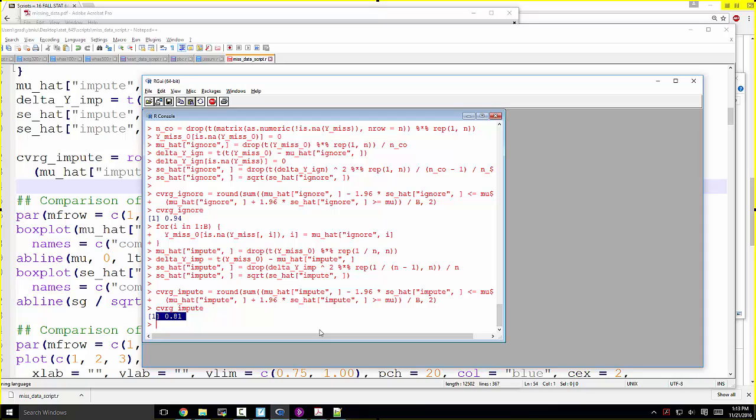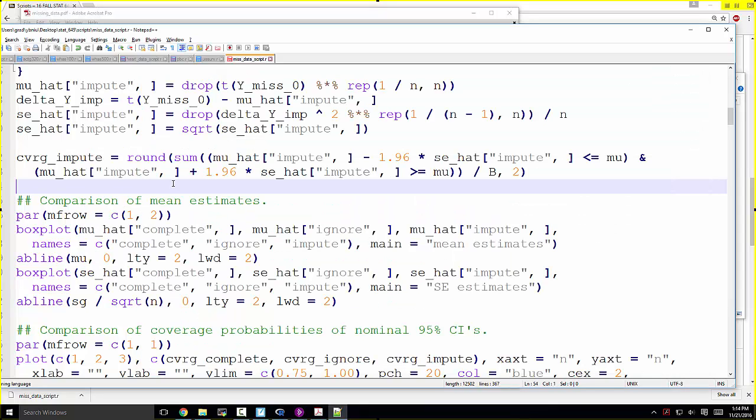By imputing, we computed an average of the complete data and plugged that in. We're going to be moving in the direction of overfitting our data. This 0.81 is substantially lower than it should be, and that's because of overfitting-like behavior.